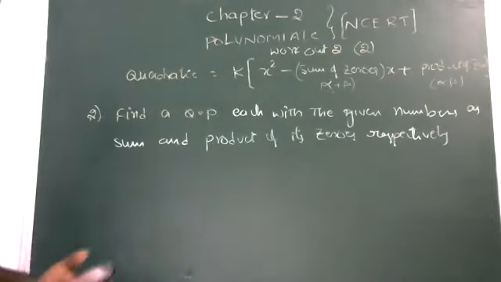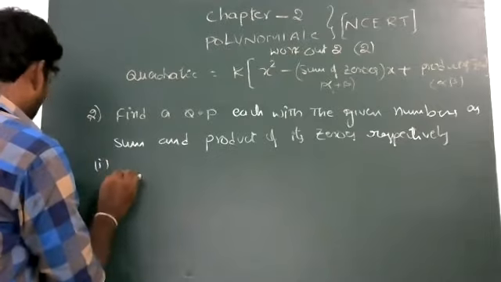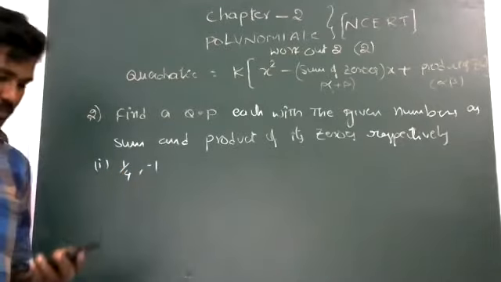Is it clear? So now what is the first question? First one is 1 by 4 comma minus 1.